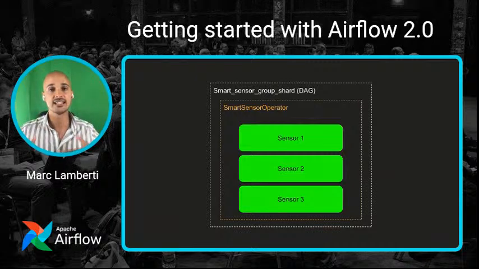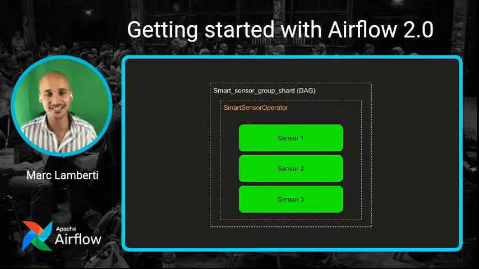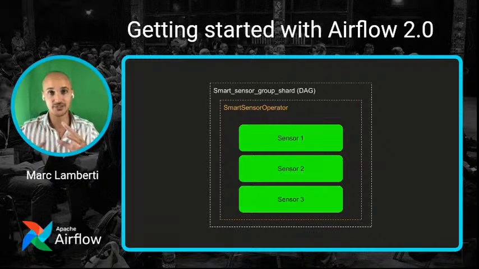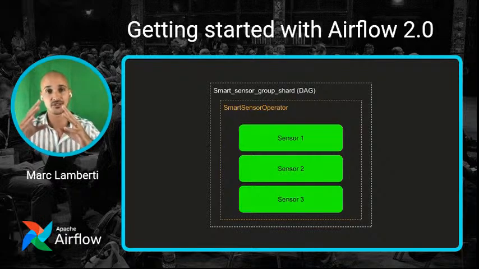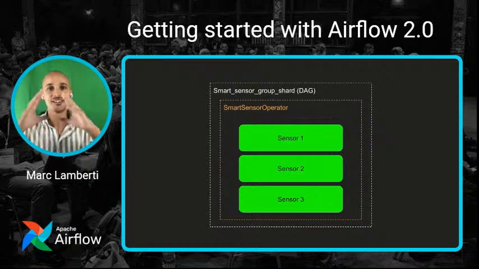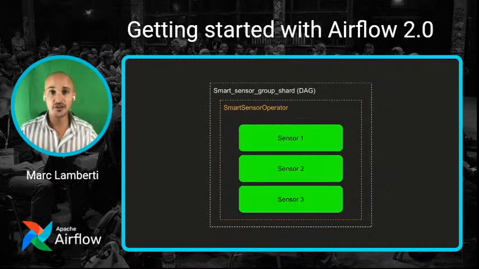Okay, and so this is definitely more optimized because you avoid wasting resources that you are paying for, because right now the sensors won't take worker slots indefinitely until they are done. You will just have some smart sensors being executed at a given interval of time, and they avoid duplicates.